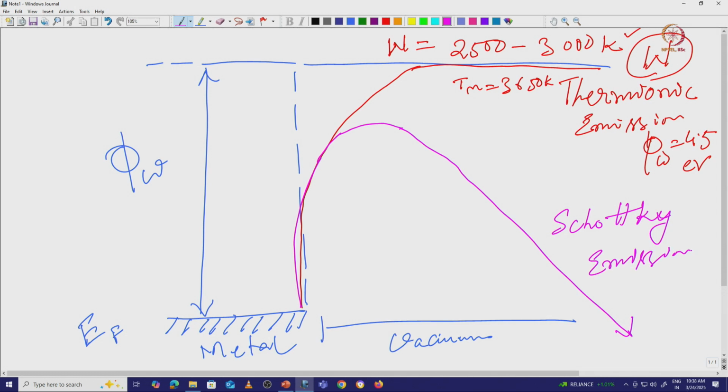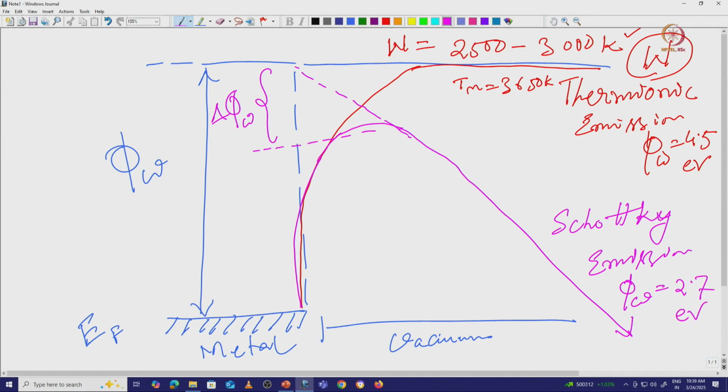You can see there is a change in the work function; it reduces the work function suddenly, and I can denote that like this. So in Schottky emission there is a change in the work function value. What is that value? It will be something like 2.7 eV.